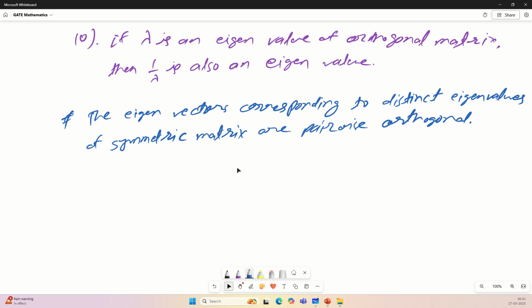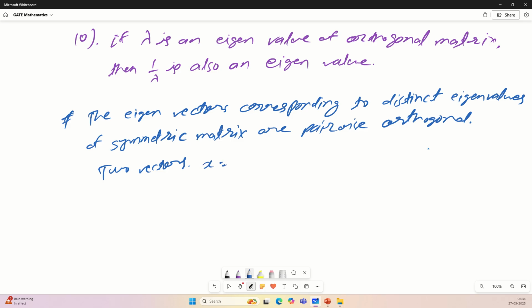What I mean to tell you is the eigenvectors corresponding to distinct eigenvalues. Let's say we have two eigenvalues of a symmetric matrix. Then their eigenvectors will be pairwise orthogonal. What does it mean? Let us say two vectors.